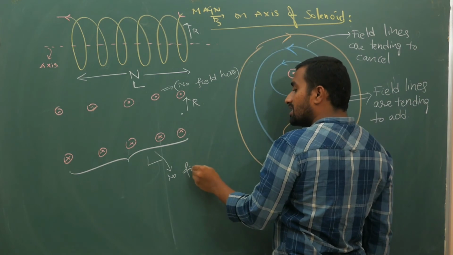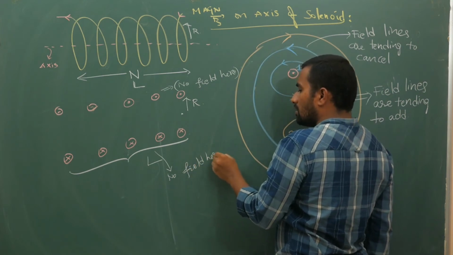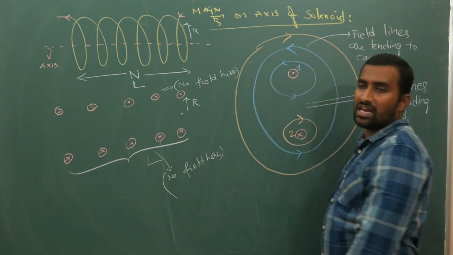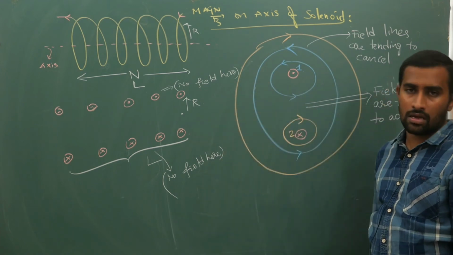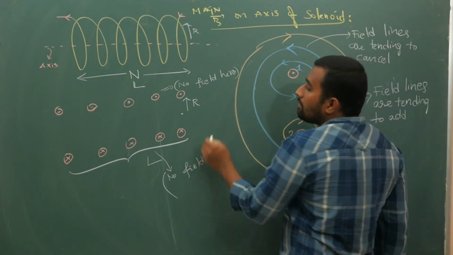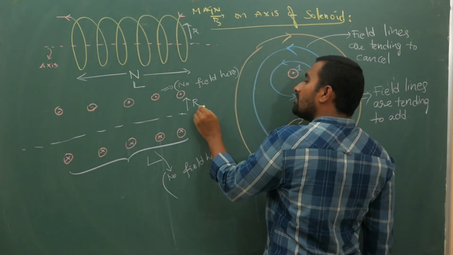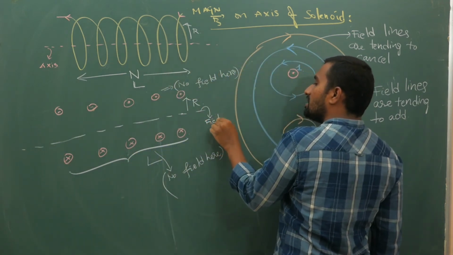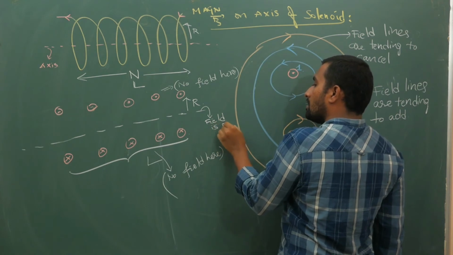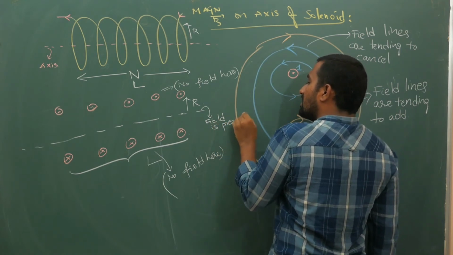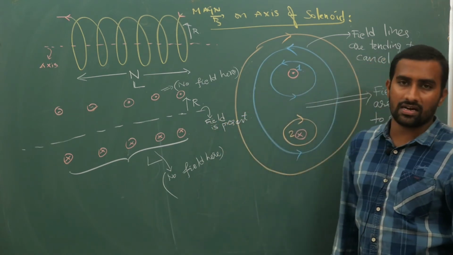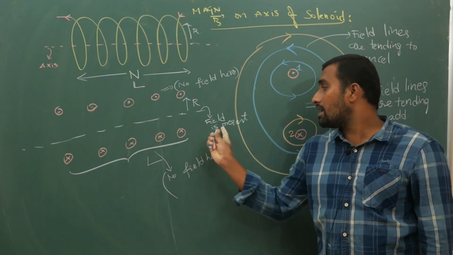Even though it is there, it is very small. So no field on the top, no field on the bottom. In the middle, field is present, and that value we will try to calculate. We are trying to calculate magnetic field in the middle.